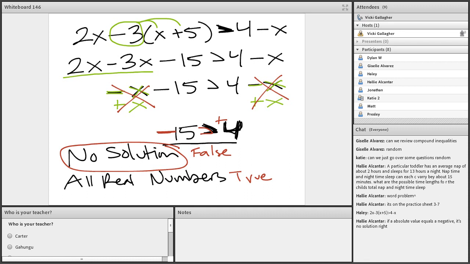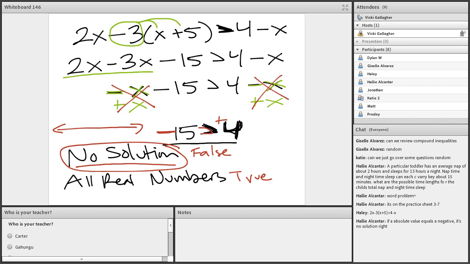And when the answer is no solution, when you go to graph, don't. The graph is supposed to represent all of the numbers that are answers to the problem, but we said this problem has no answers. It's no solution. And so if you write down an answer of no solution on an answer line, then you should leave the number line empty.